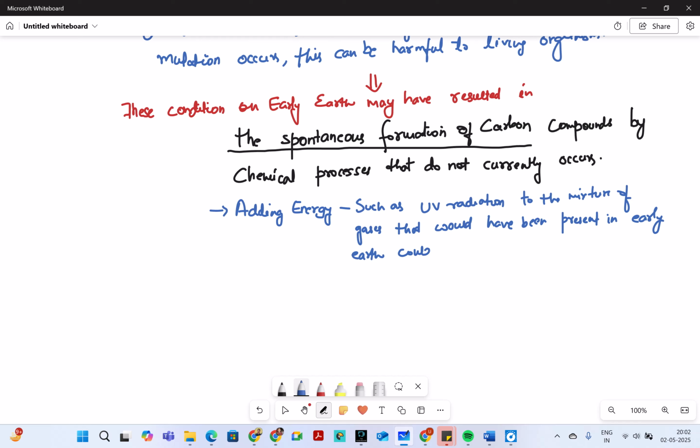And this could have led to the formation of organic molecules. So this is the start of life.